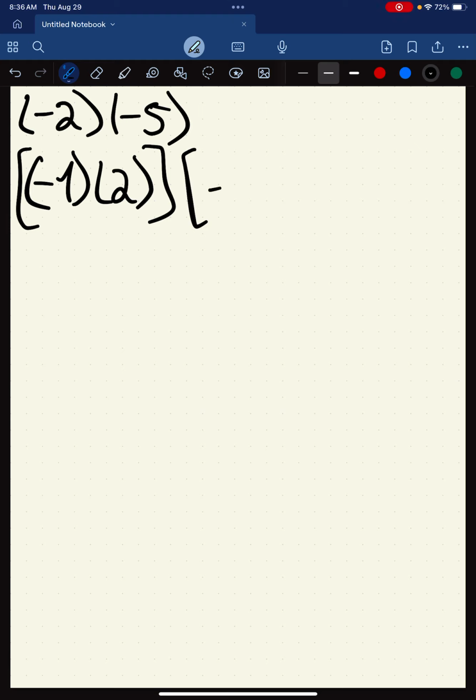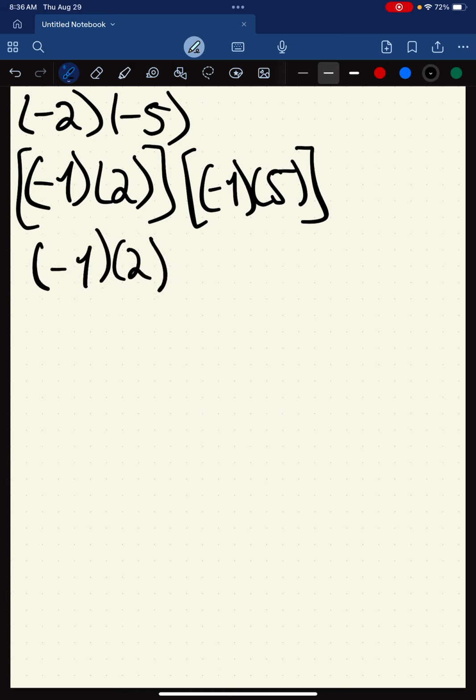Let me show you that. -2 is the same thing as -1 times 2, and I'm going to put these in bigger brackets. -5 is going to be -1 times 5.